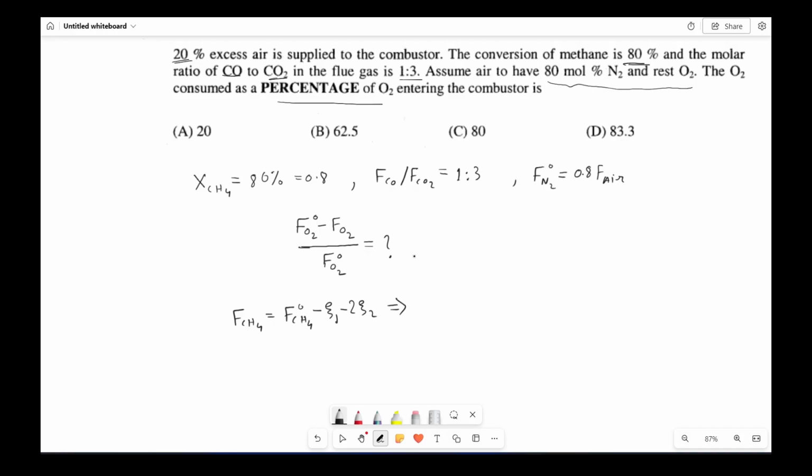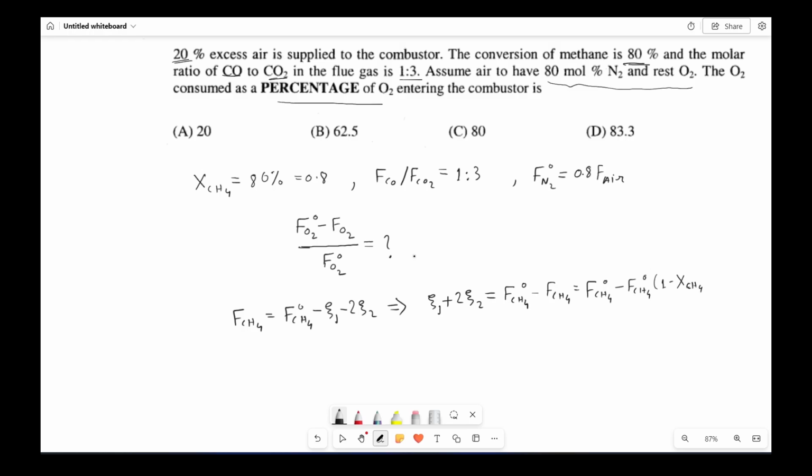So I will write this expression as zeta 1 plus 2 zeta 2 is equal to FCH4 naught minus FCH4, which is equal to FCH4 naught times 1 minus XCH4.